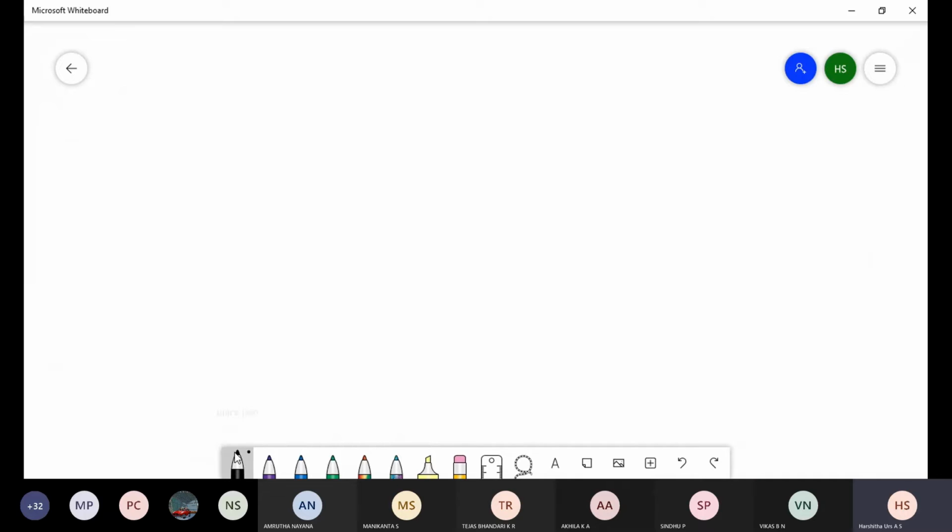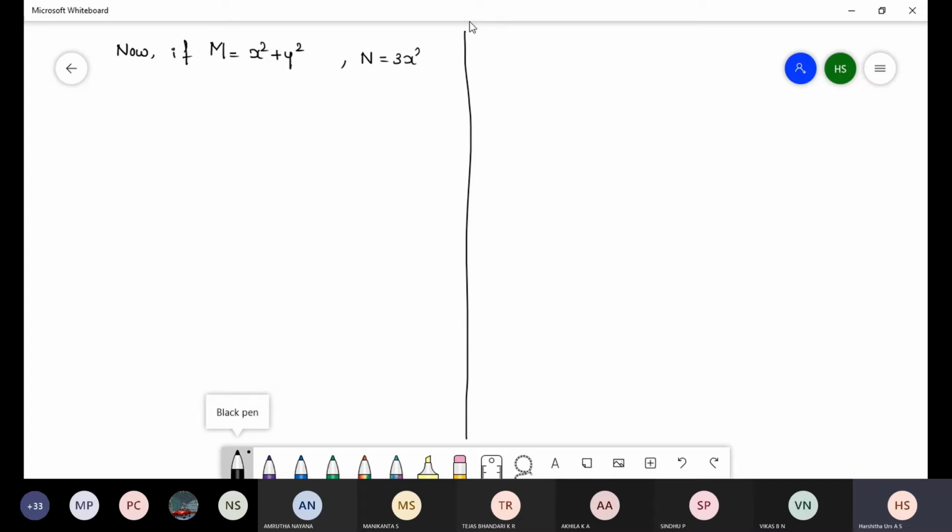Now for the RHS side, before starting the RHS, what do we have to write? In the RHS we want dou N by dou x and dou M by dou y. So we first have to mention what our M and N are. M is equal to x square plus y square, and N is equal to 3x square y.